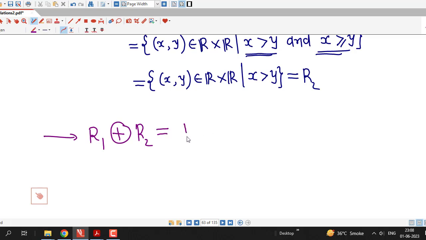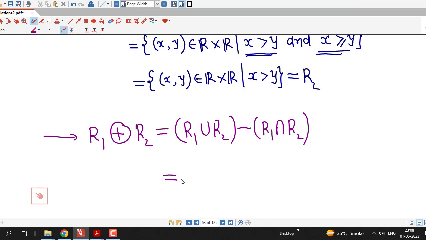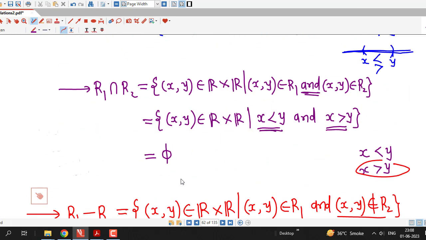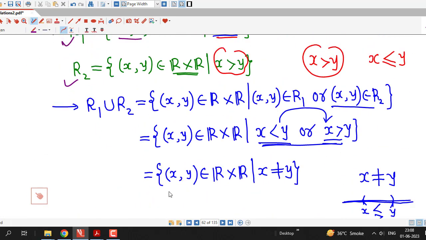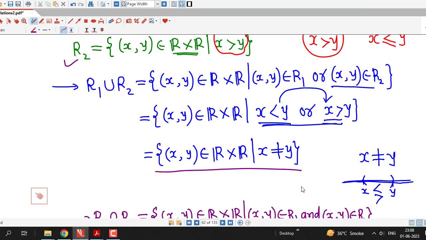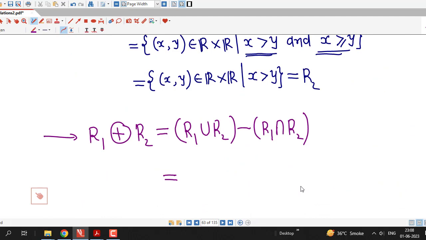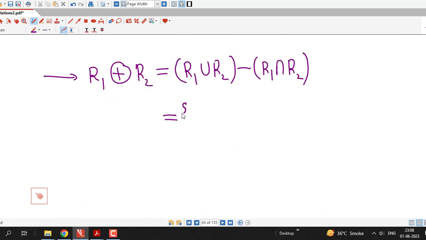So the symmetric difference is given by the difference of the union of two relations and the intersection of two relations, that is R1 union R2 minus R1 intersection R2, and we have obtained R1 union R2. R1 union R2 means consider all those ordered pairs for which x is not equal to y. So let me write that first.